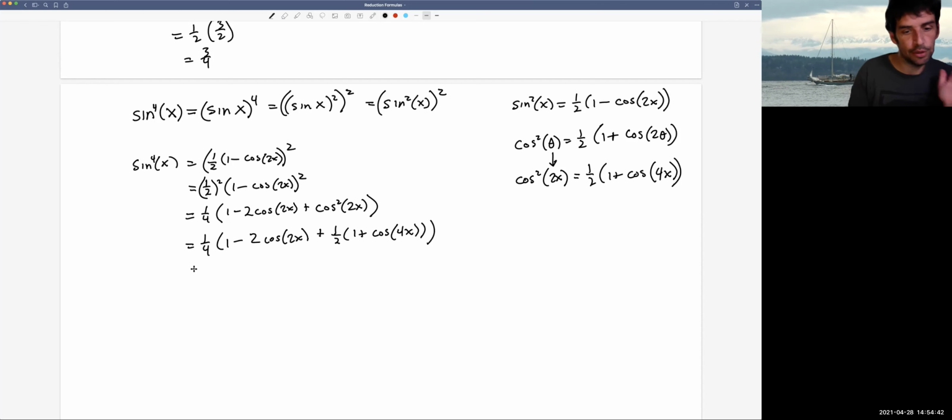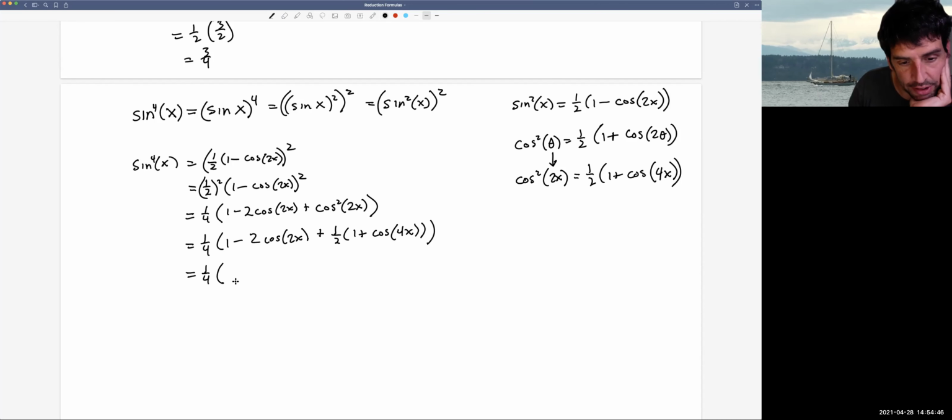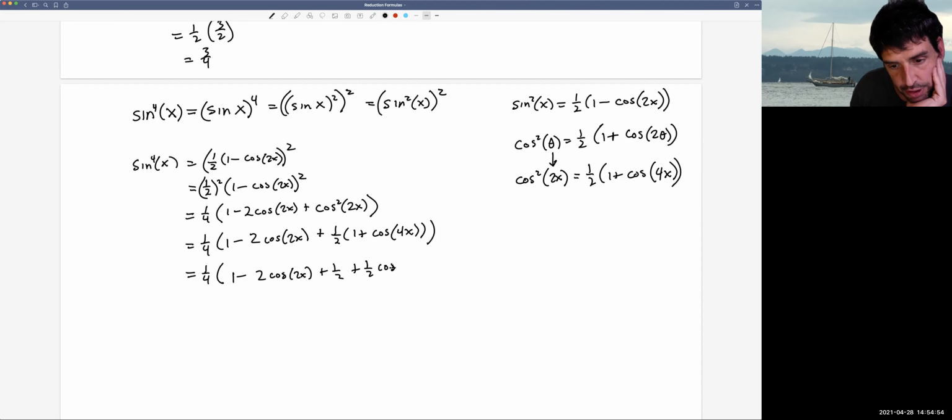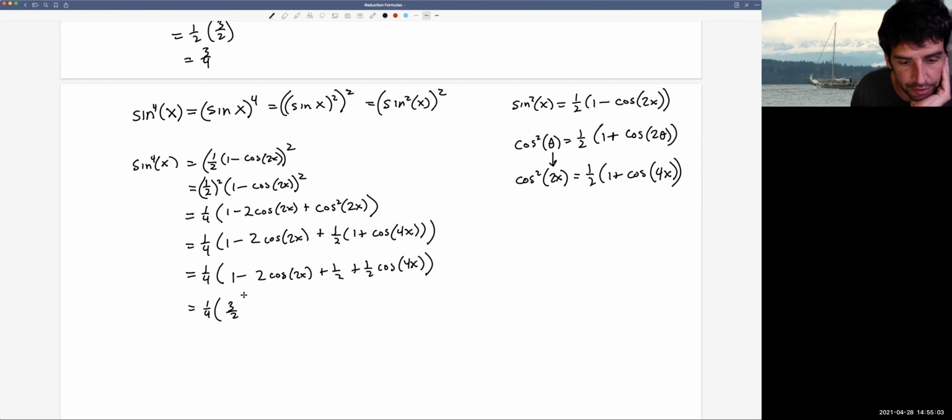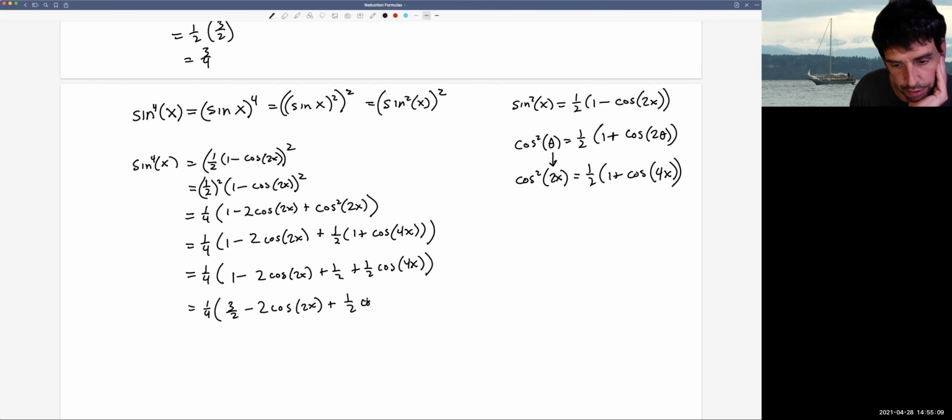Maybe we want to expand things. This is correct as is, but maybe I'll write out 2 cosine of 2x plus 1/2 plus 1/2 cosine of 4x. And we'll have 1/4 times (3/2 minus 2 cosine of 2x plus 1/2 cosine of 4x).